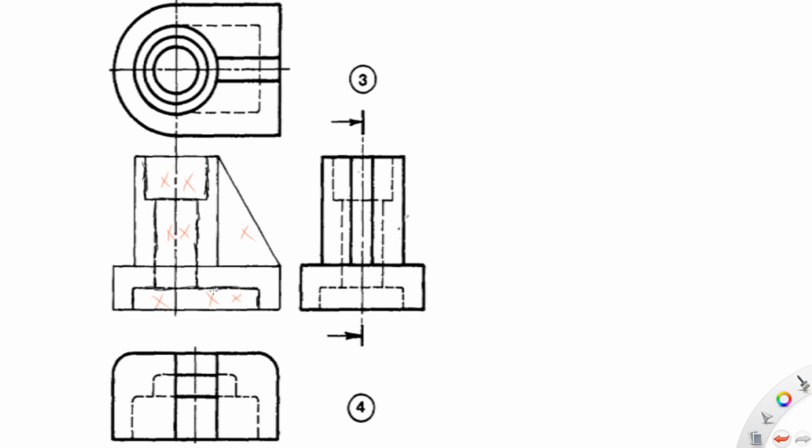Okay. Then when we have cut through the object, you realize that this line here will disappear. This line from here up to this point, basically it will not be there. Those lines will not be there. So as you are drawing, you draw it in such a way that those lines do not come.